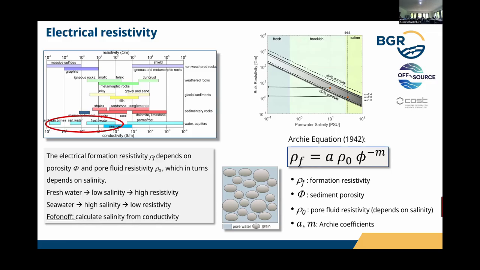If we have brackish water and lower porosity, say here maybe 40%, we arrive at bulk resistivities of 1, 2, 3, 4, 5, 6 ohm meter. So that's how we can use Archie's law.